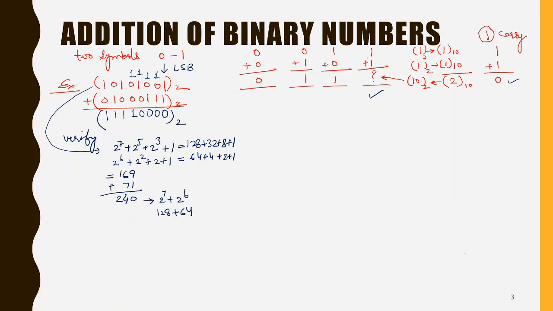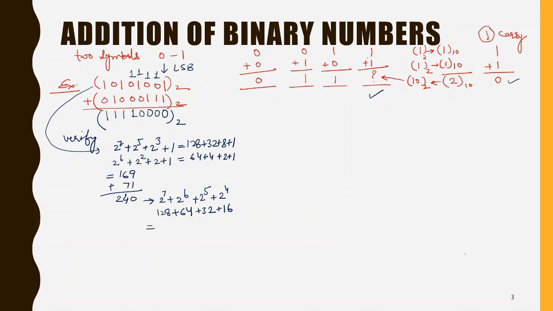The total becomes 192. Then I will take 32, that gives 224, and 2 raised to power 4 is 16, right? Okay, that gives you 240.